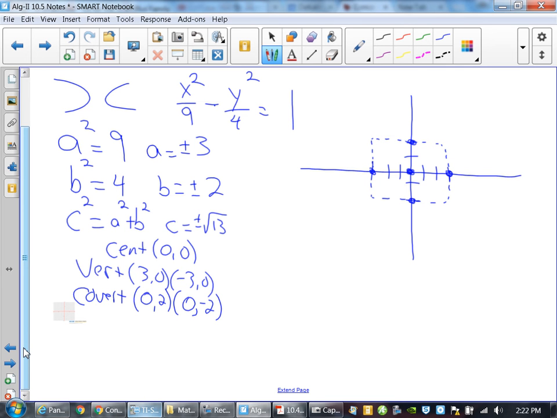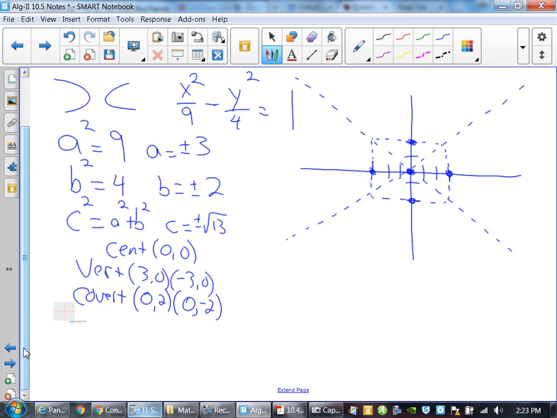Next thing, we're going to put in our diagonal asymptotes. Your diagonal asymptotes are the diagonals of the rectangle, and they will always go through the center. What's the last thing I've got to plot in here?